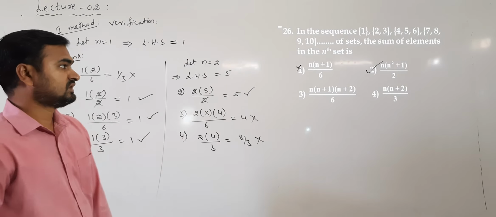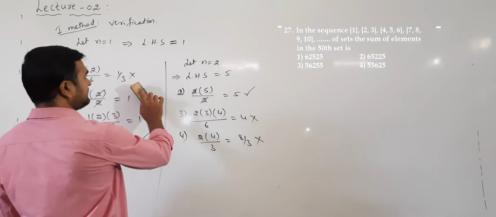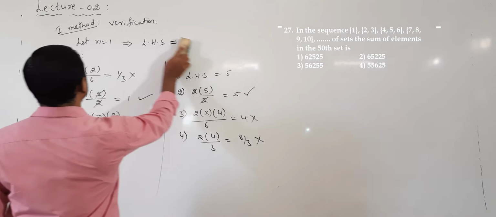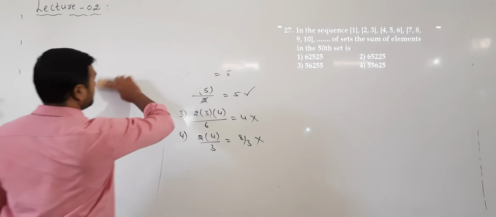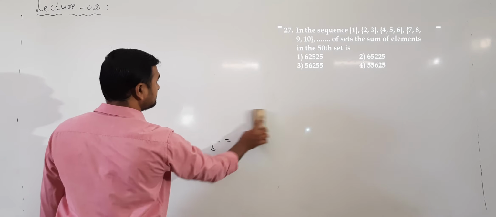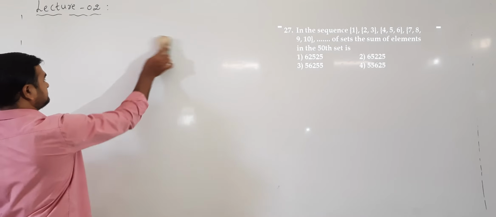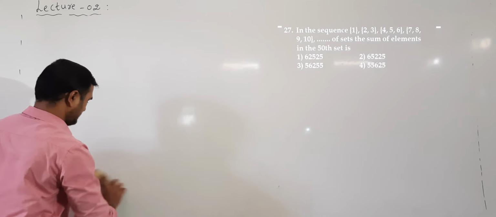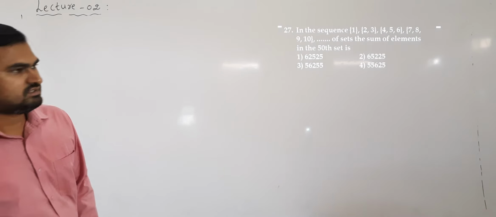Now if we see the next question. In this sequence, set of 1, set of 2, 3, set of 4, 5, 6, set of 7, 8, 9, 10, and so on. Same type of problem, but here they are asking the sum of elements in a particular set, that is the 58th set. So how to solve this type of problem?